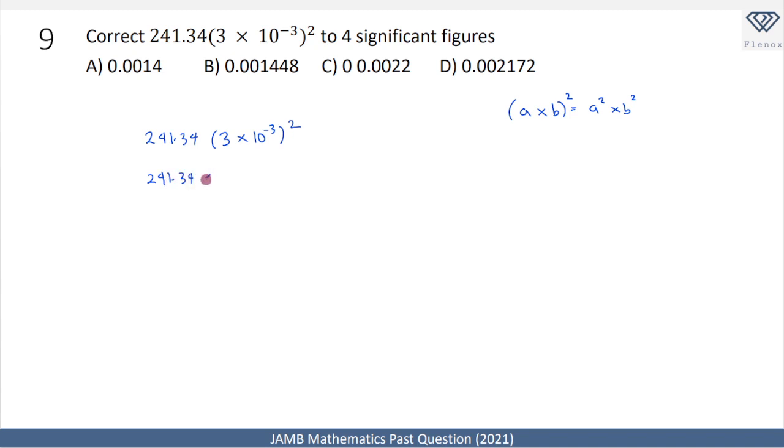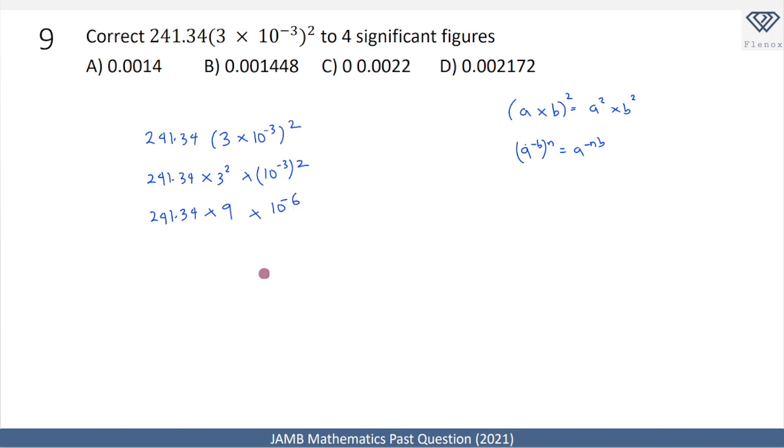So we have 241.34 then times 3 squared, which is the first term, then times 10 raised to power minus 3 squared. Now again, from our law of indices, a to the power of minus b, all raised to n, is the same thing as a to the power of minus nb. So we apply the same concept here. We have 241.34, and 3 squared is 9, then times 10 to the power of minus 3 times 2, which gives minus 6.